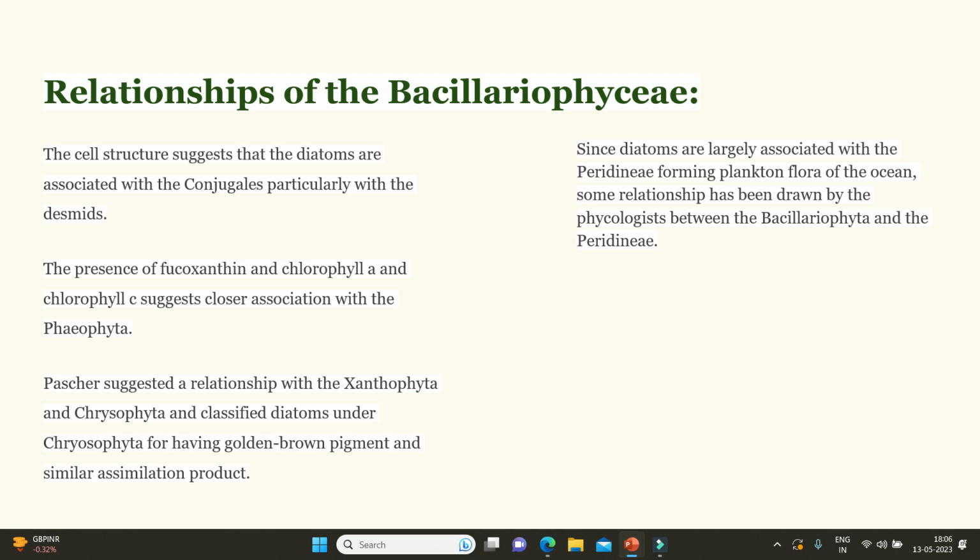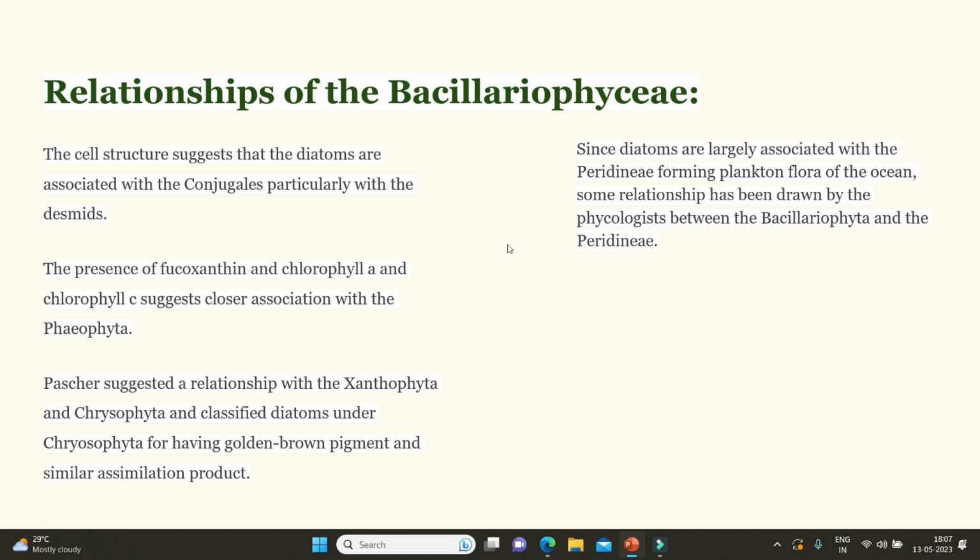The presence of fucoxanthin and chlorophyll A and chlorophyll C suggests a close association with the Phaeophyta. Food reserves suggest a relationship with the Xanthophyta and Chrysophyta, and diatoms are classified under Chrysophyta for having golden brown pigments and similar assimilation products.